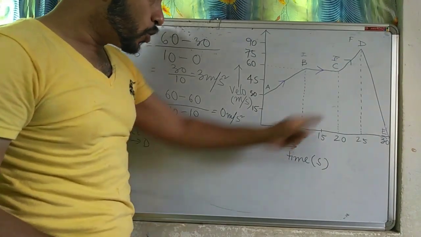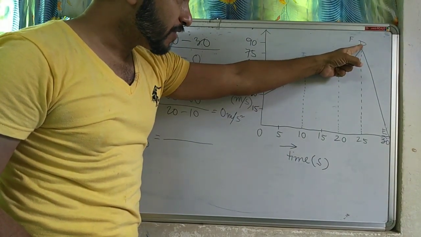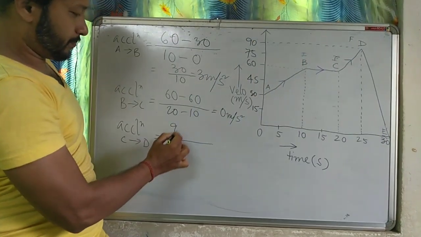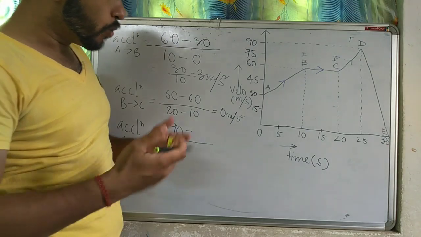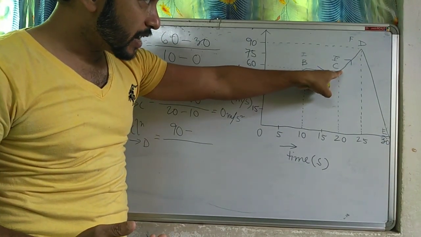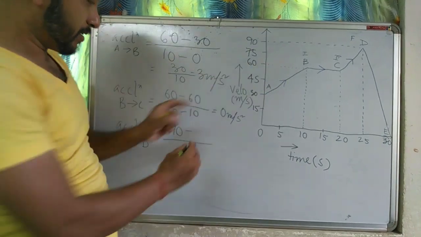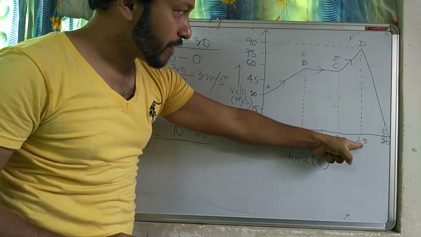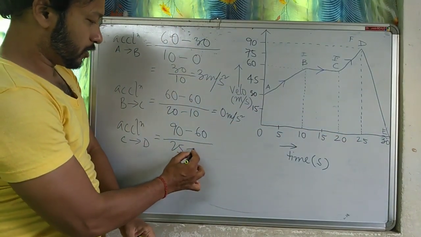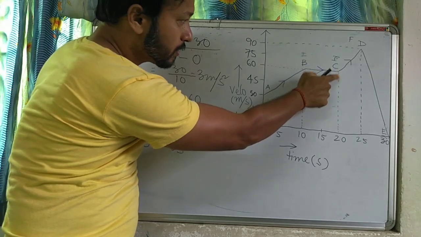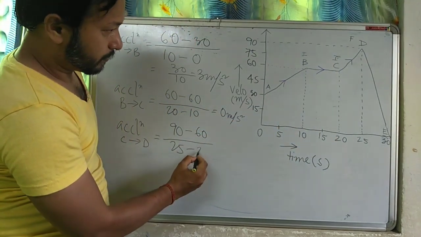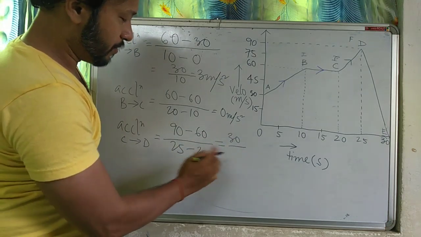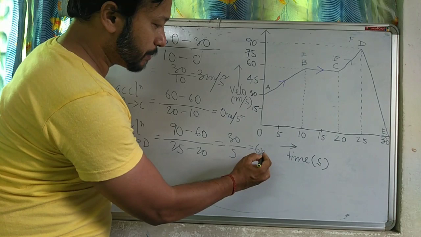So in the same way, at D, what is the final velocity? 90. 90 minus, what is the initial velocity at C? 60. What is the final time? 25. What is the initial time? 20. 30 by 5, that is 6 meter per second square.